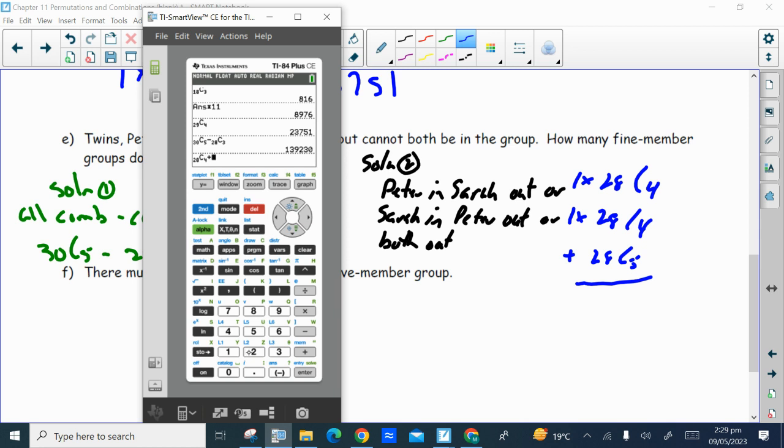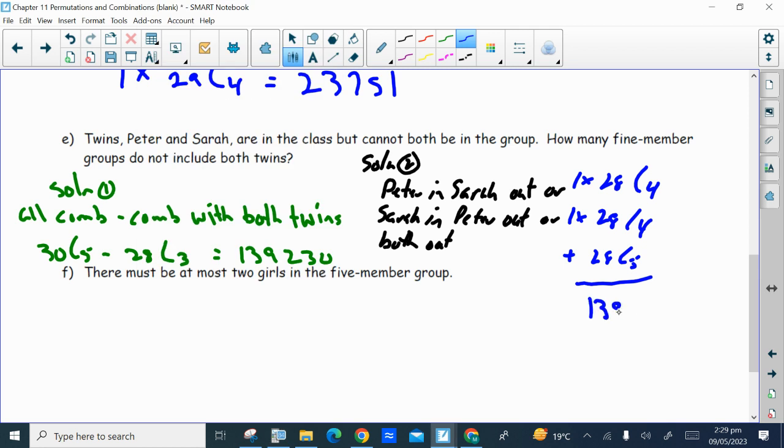Put another 28C4 there. And then I'll add 28C5. So we put that in there and we get exactly the same answer, 139,230. Same answer, so they both work.